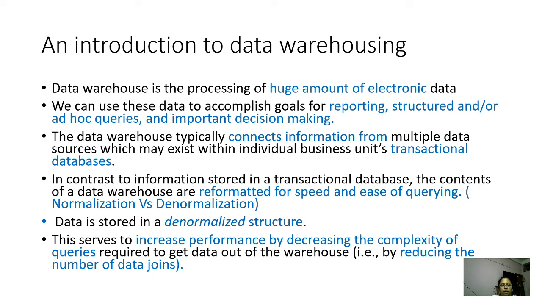It means we join multiple tables so that redundant information can be reduced. However, in a data warehouse, we prefer to store the data in a denormalized structure. Denormalization will increase the redundancy. However, it will reduce the complexity of the database structure. It will reduce the number of joins.